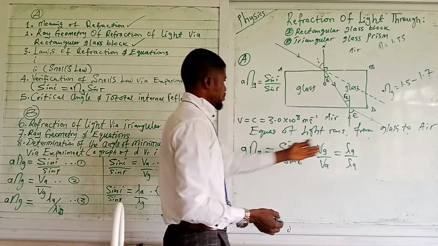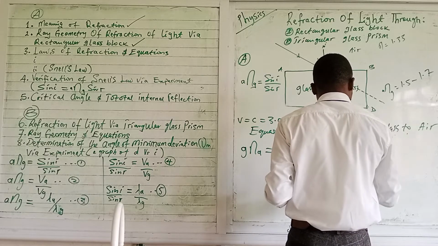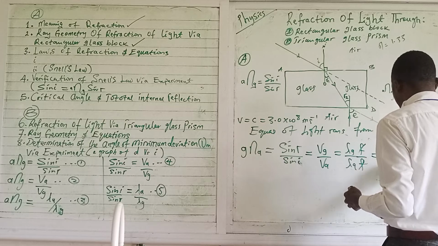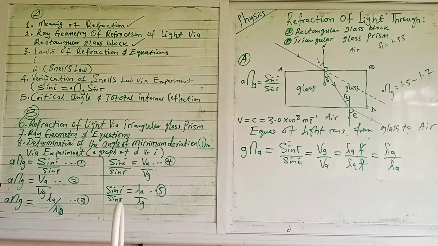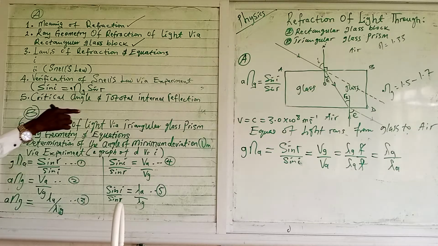Yes. This cancels this, which means lambda G over lambda A. So what you have here is just to change everything. So here you change this to your R, this to G, this to A, this to I. That is from glass to air.